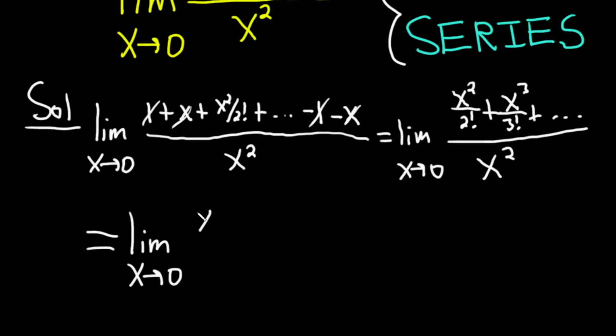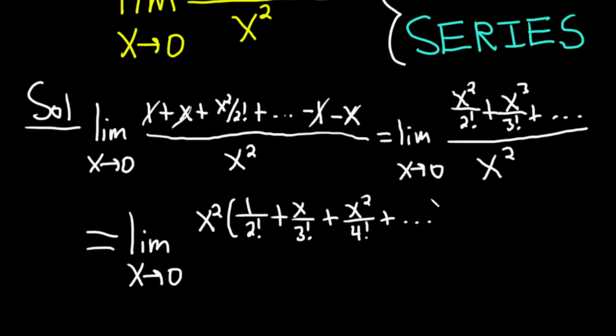Pulling out an x squared from the numerator, we have parentheses 1 over 2 factorial plus x over 3 factorial plus x squared over 4 factorial, normally that's x to the 4th, plus, like that, over x squared.